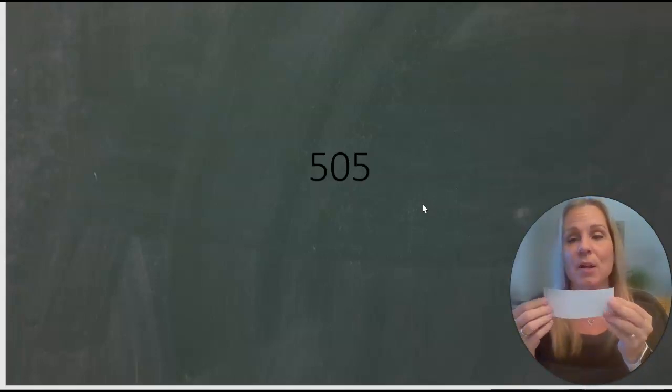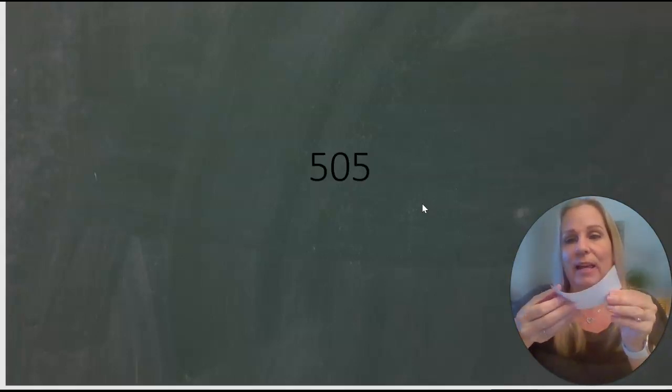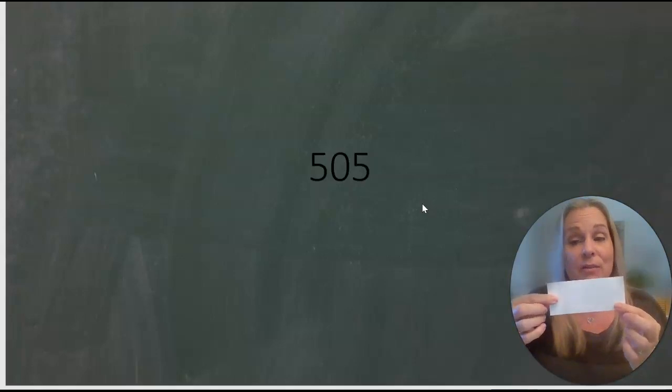But watch what happens. When I curl this back up into a cylinder, this, starting from here and going all the way around, is the length of my rectangle, right? So watch it again. Keep an eye on this length of the rectangle. Keep an eye on where it goes.